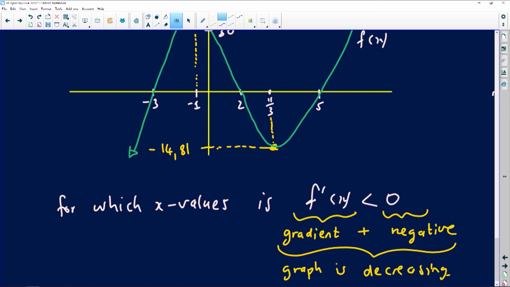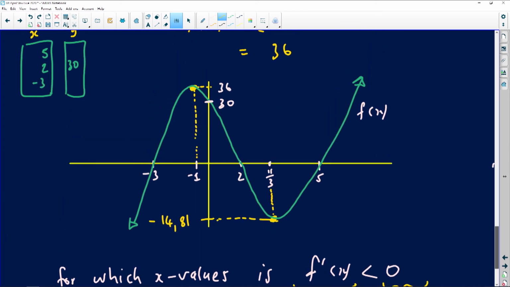That's what they're asking. When they're asking you for the derivative, they're talking to you about the gradient of the graph. When they say less than 0, they're asking where it is negative. So gradient negative implies where the graph is decreasing. If they were saying gradient positive, then they will be asking where the graph is increasing. But because they're saying less than 0, they want where it is decreasing.